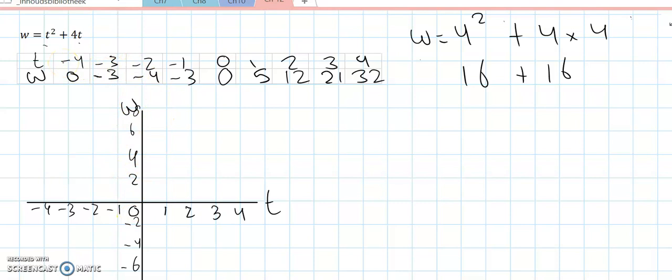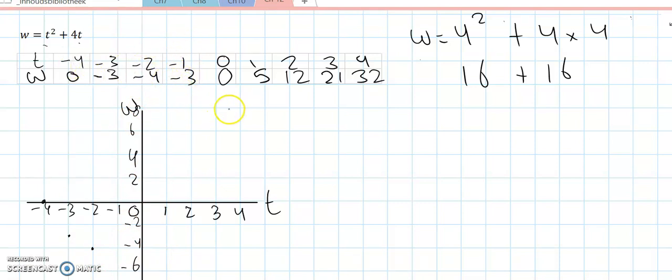So if t is -4 and w is 0, that is this point. If t is -3, you can plot -3 over there. If t is -2, you have a value of -4 on the w axis. You can also see this as coordinates.